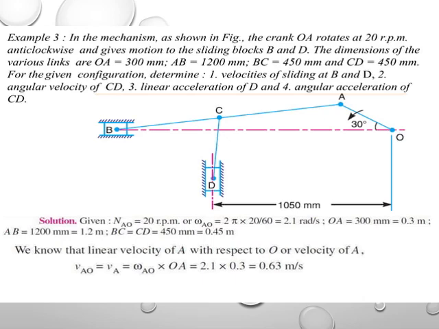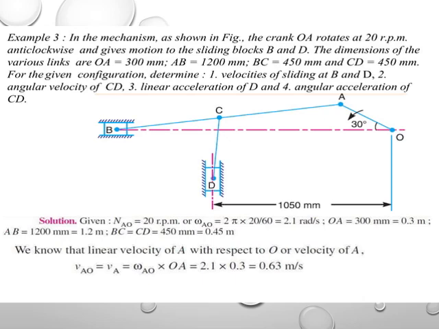Here is the solution. The given data is speed N equal to 20 rpm, and omega AO is given by the formula 2 pi into 20 by 60, that is 2.1 radians per second.